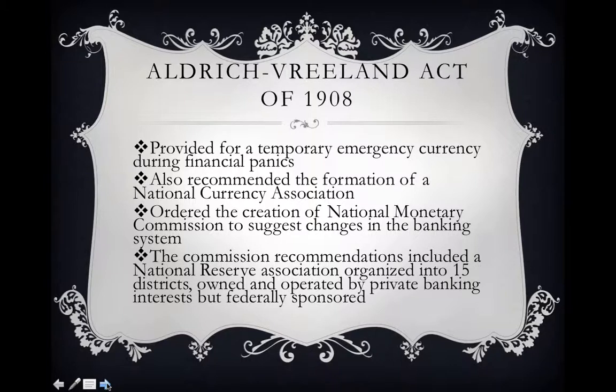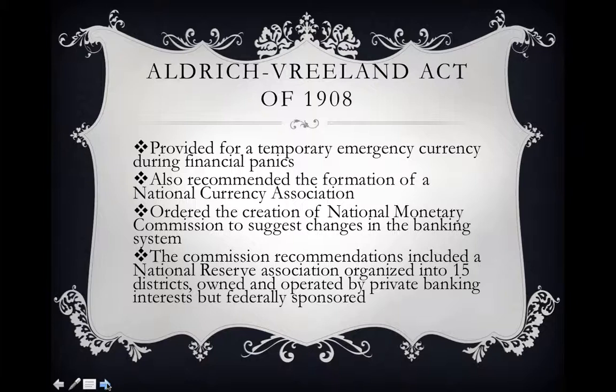Also, the National Currency Association was formed, and also the creation of the National Monetary Commission. The National Currency Association was to try to take a look at what could be done to allow there to be elasticity of the currency, that the money supply should be able to expand during financial panics when there's a credit crunch actually occurring.